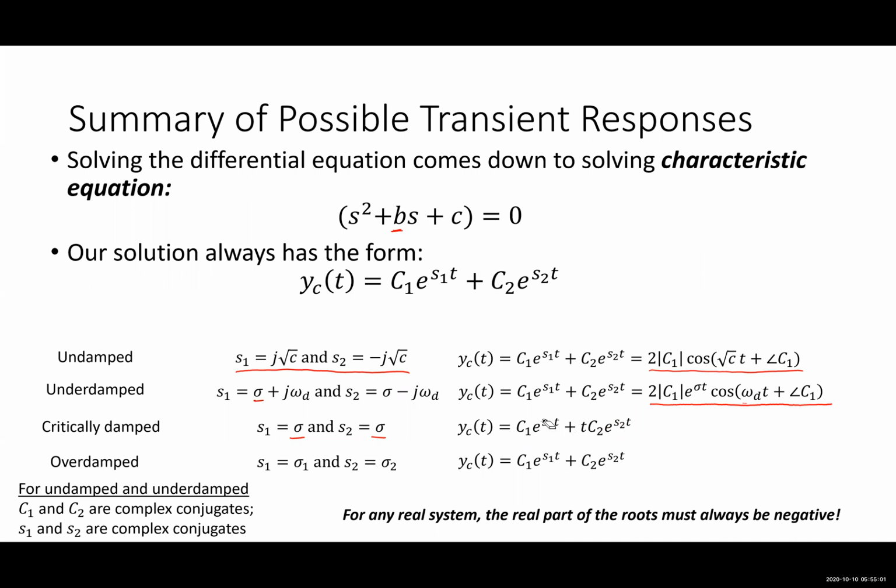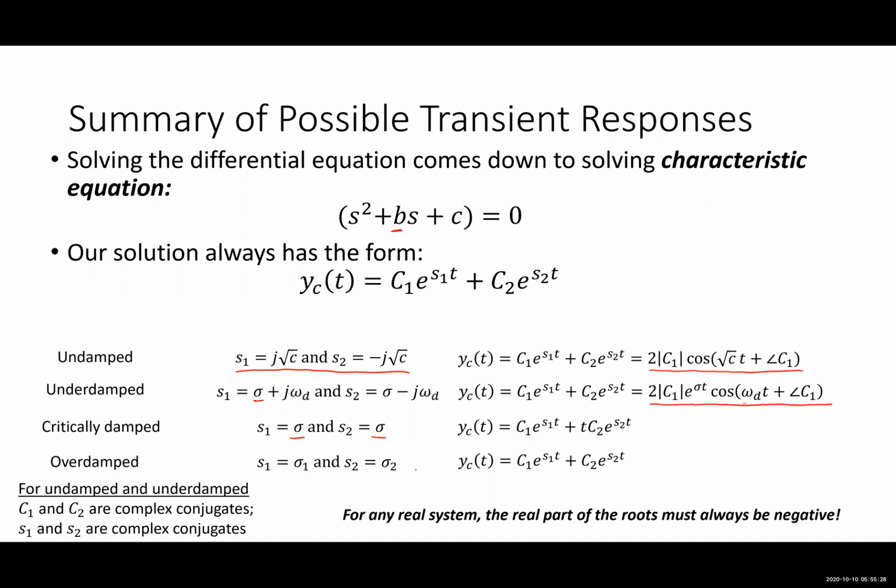I'm not going to focus on that too much, because it doesn't really happen very often in real systems. So for critically damped, we have C1 e to the S1t plus t C2 e to the S2t. By multiplying by t, I get 2 solutions here that we call linearly independent.